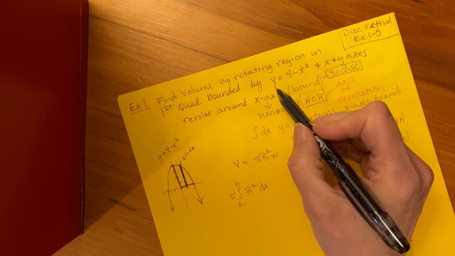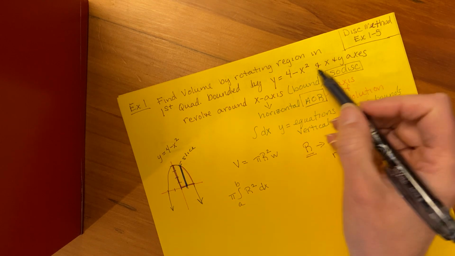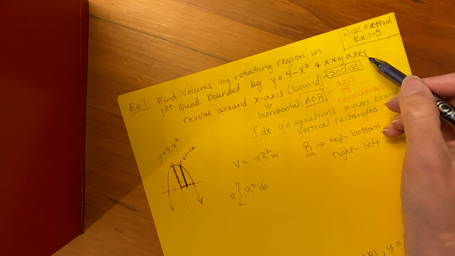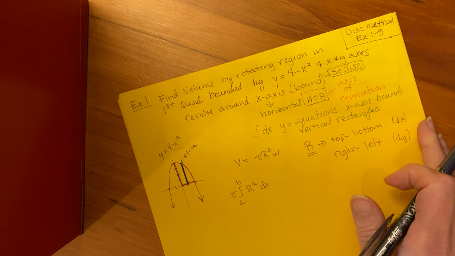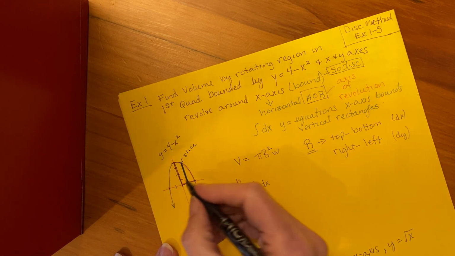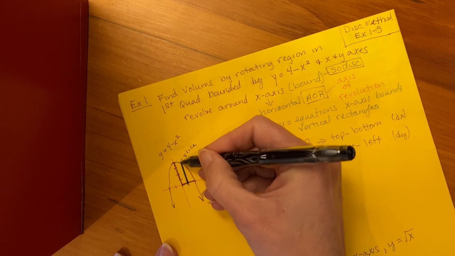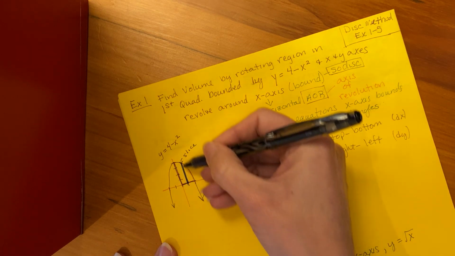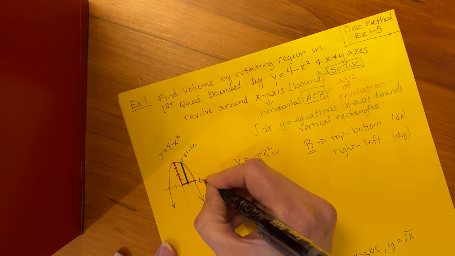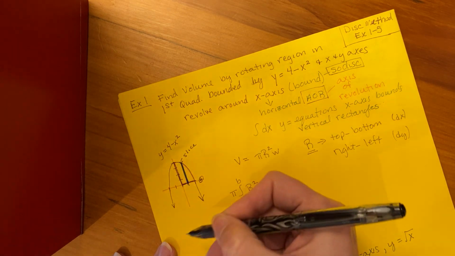It's going to be bounded by the equation y equals 4 minus x squared and the coordinate axes, which means the x and y axes. So I've tried to outline that shape here. Imagine taking this shape and revolving it around the x-axis. So this is my axis of rotation, and I'm going to revolve this shape around here.